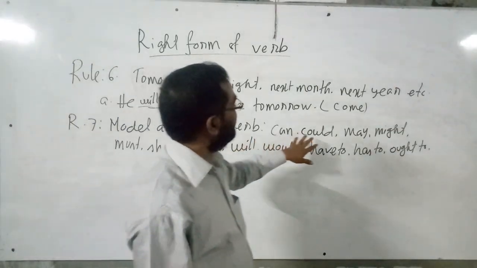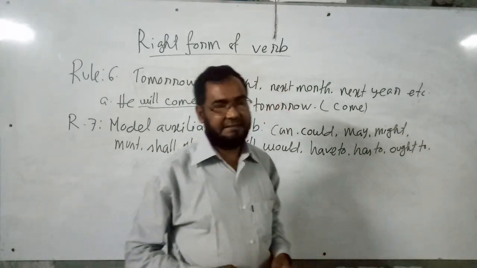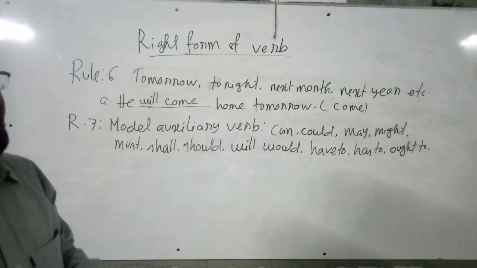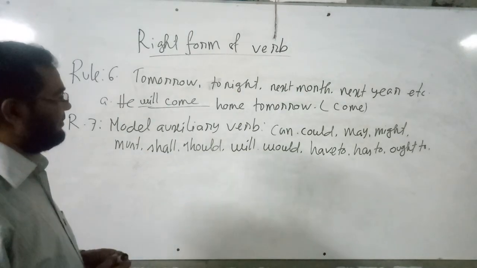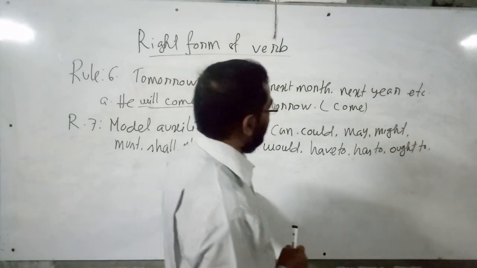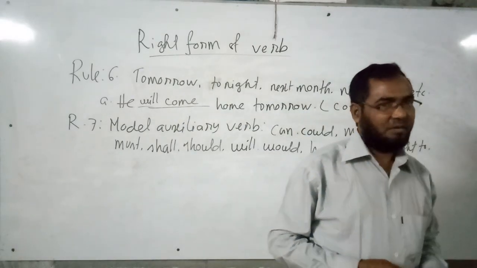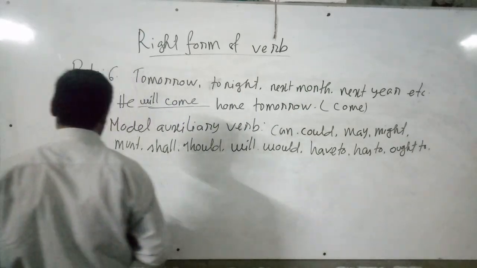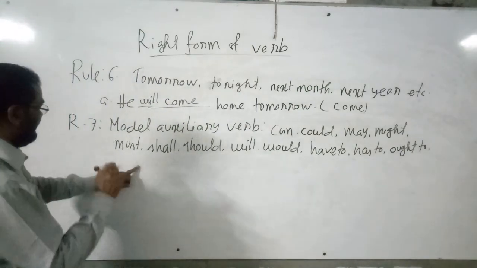Whenever you find such a word in a sentence, you always use the present form of the verb in the gap, because after the modal auxiliary verb, the verb will always be in the infinitive or the present form of the verb.